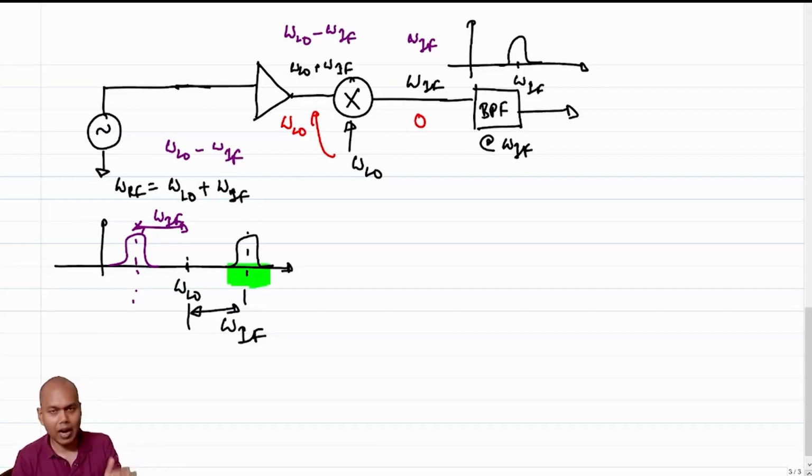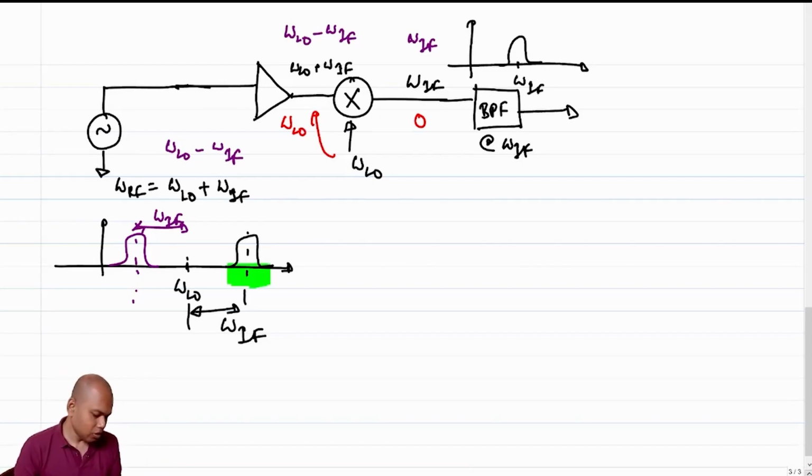Now I should say band, not channel, because normally these separations between omega LO and omega IF are large enough to cover multiple channels and cover bands. So the right terminology is that omega IF is large enough to cover a band, right?